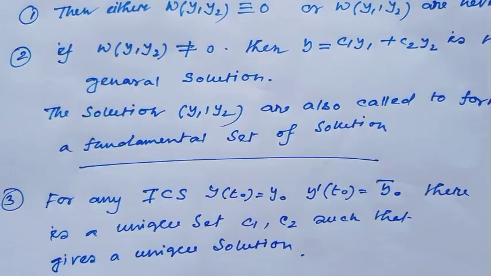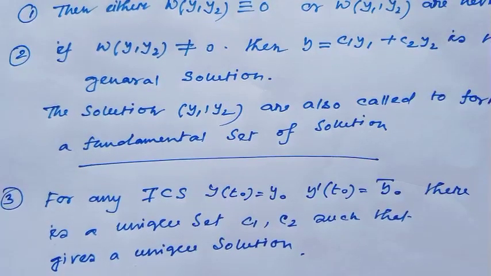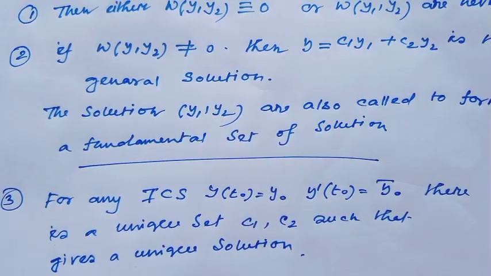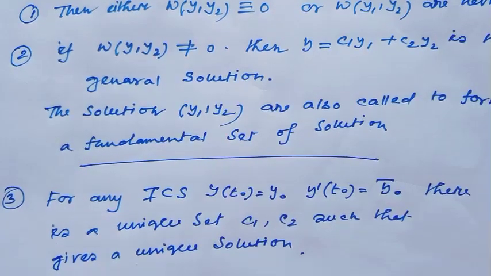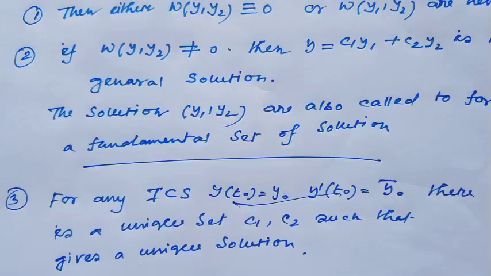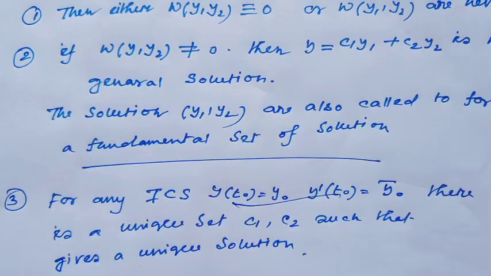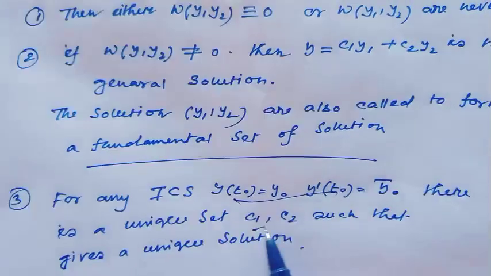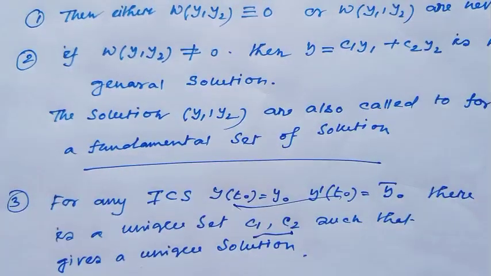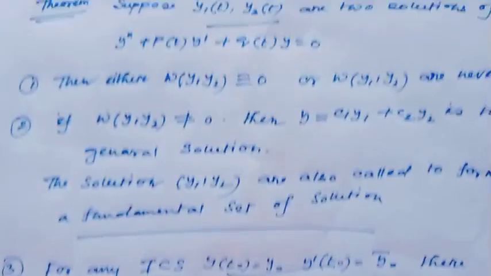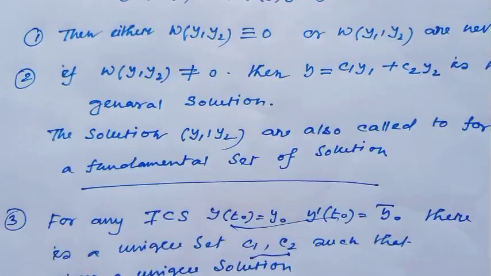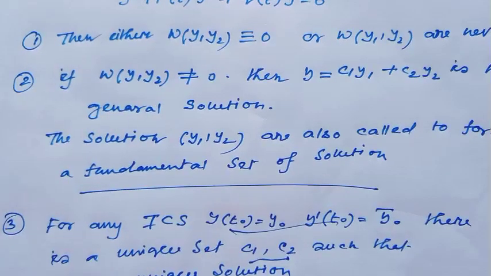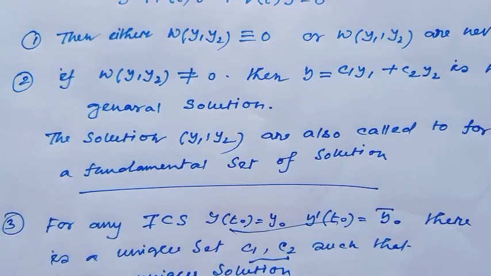For any initial condition y(t0) = y0 and y'(t0) = y0 bar, for this initial condition I will always get unique c1, c2 such that the given differential equation has a unique solution. Okay, this property is very important, and now I will prove this property.